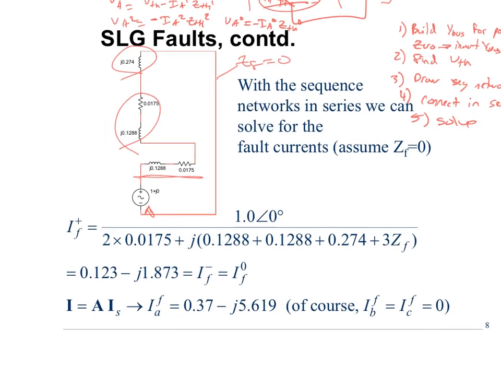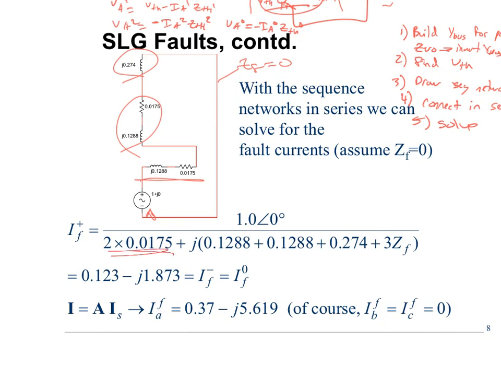So if you look at this guy right here, that's because I have two of those, right? And then I just add them all up. You will notice I included the 3 ZF in here just to be complete. So if you have a non-zero ZF, you would go ahead and do that. And then this tells me what I have for a positive sequence current, which also has to equal negative and 0 sequence current.